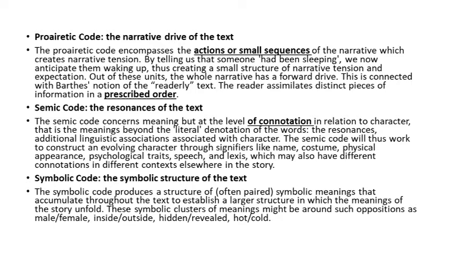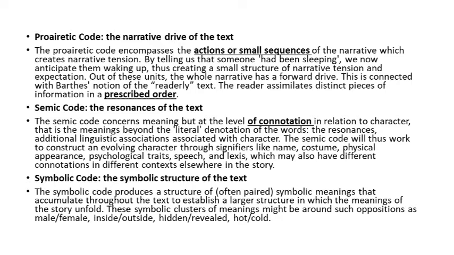Next is the semic code. It concerns meaning, but it acts upon the connotative level of meaning, from the resonances and additional linguistic associations with the characters. From a character's definite style, we can get another connotative meaning, and it moves beyond the literal denotation of the words.